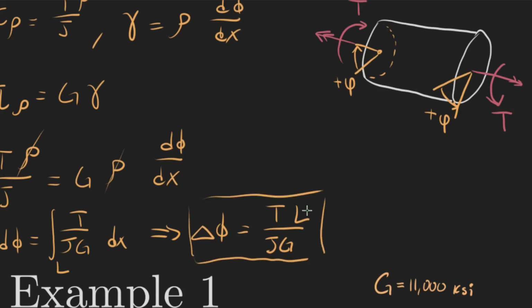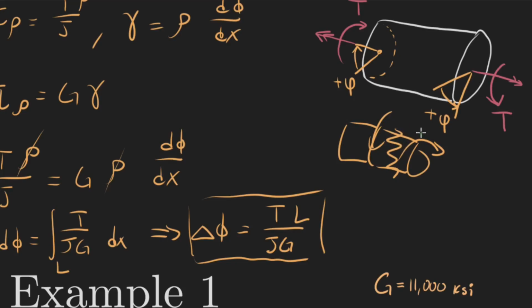And our T, technically it might not be constant. If you can imagine, we might have different sections where we're applying different torques. And in that case, all you have to do is add up the angle of twist in each of the locations. So if I had like some tube right here, and then another section of the tube, and I have like a torque this way and a torque this way, then what I would do is I would find the torque in this section right here with a cut.